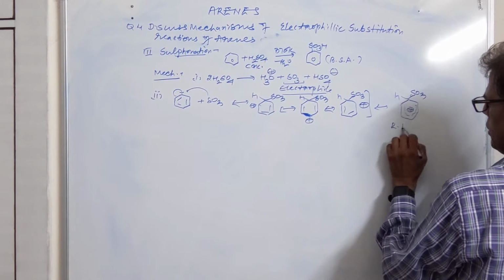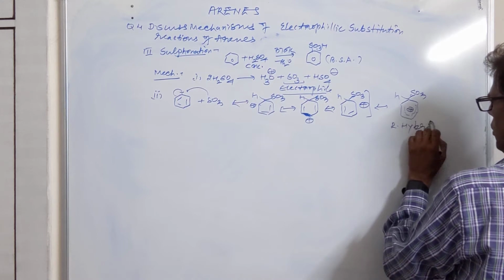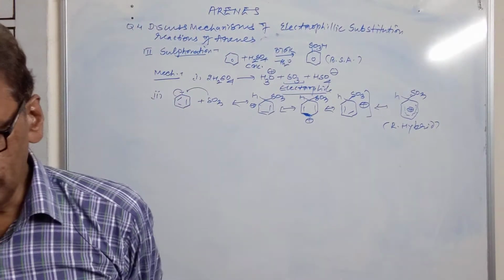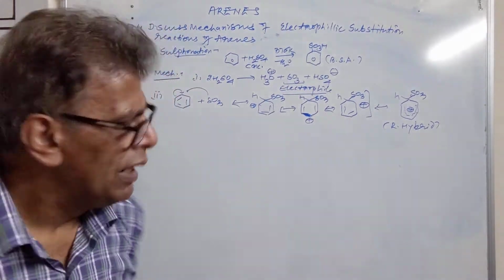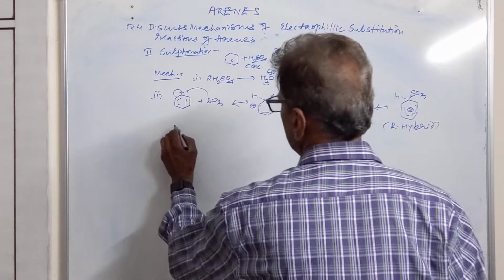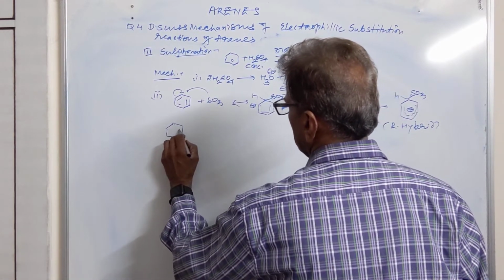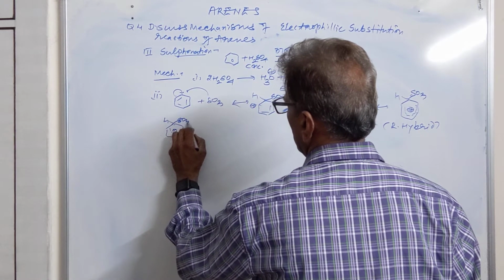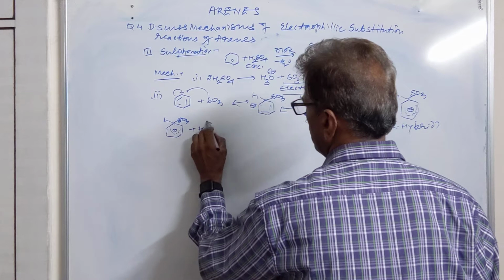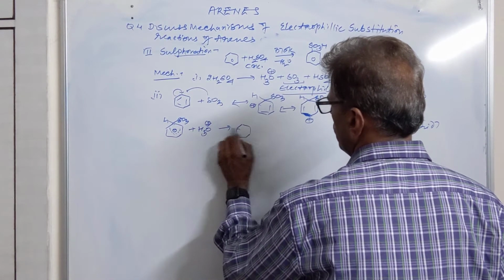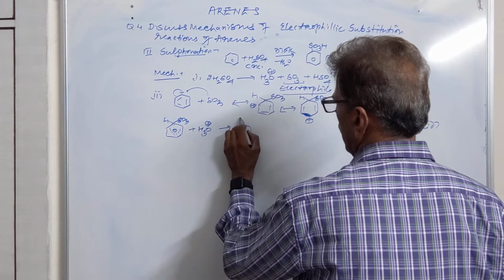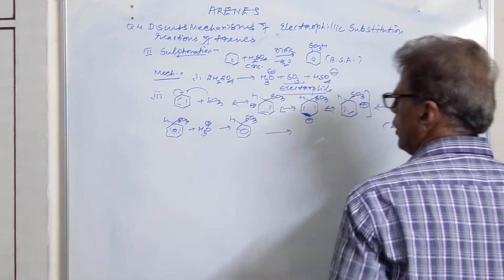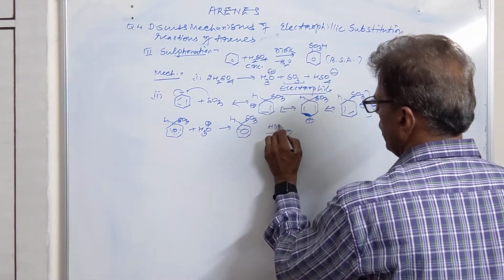Now this resonance hybrid reacts with hydronium ion in the next step and will produce sulfonic acid. Now in the next step, the nucleophile HSO4 is there.